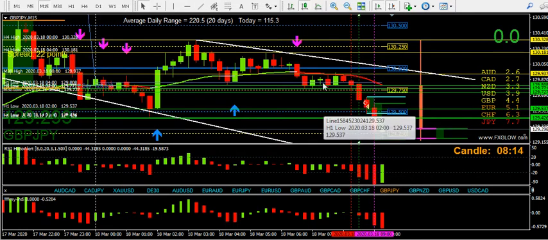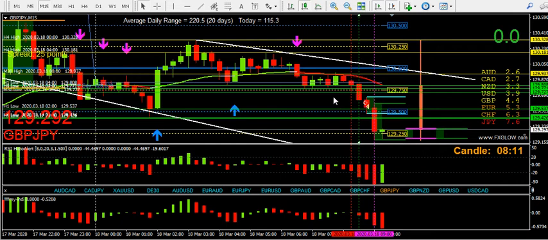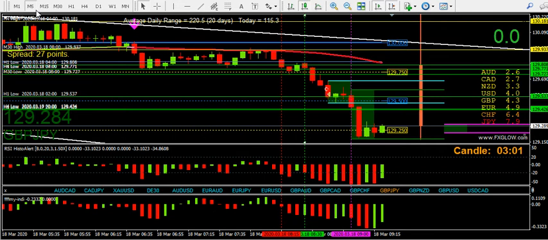And what do I say? That you almost always get a pullback, so I had to wait for some sort of pullback on that 15 minute chart there. So then I watch the 5 minute, see what that's doing.